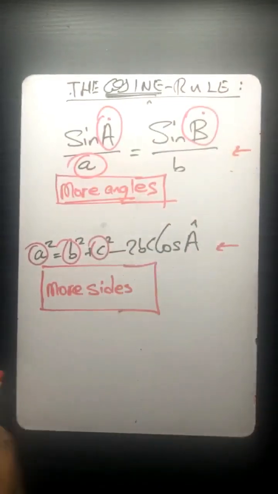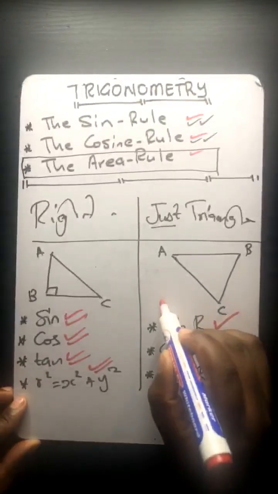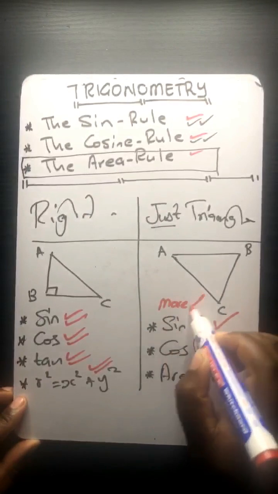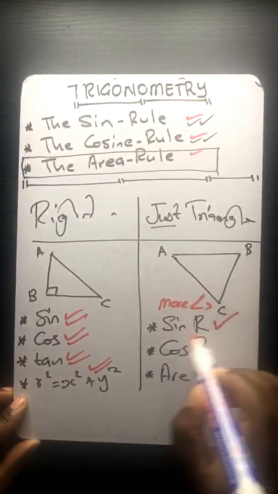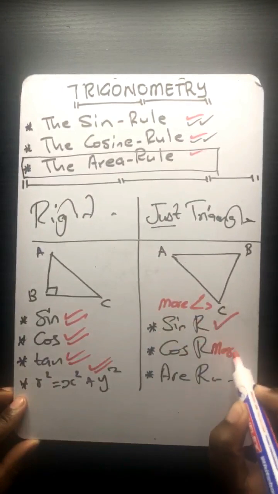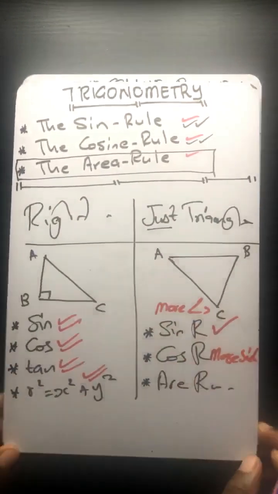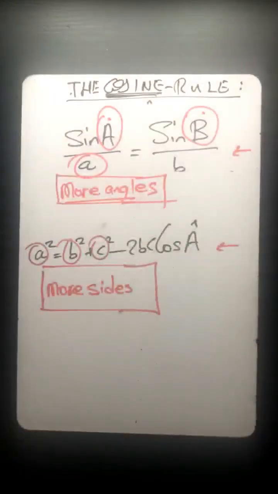If we have more angles, use the sine rule. If we have more sides, let's consider using the cosine rule. Hey, I'm just not sure if I'm confusing you guys on that one. But why am I suspecting that I'm confusing you there?